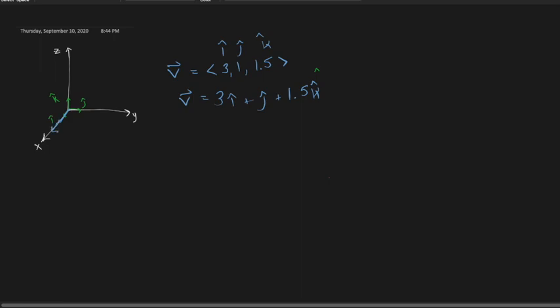So this should be 3 i hat. And we have 1 j hat, so it's going to be the unit vector in this direction. And then 1.5, so it's going to be about this length, and then half that length of the k hat.